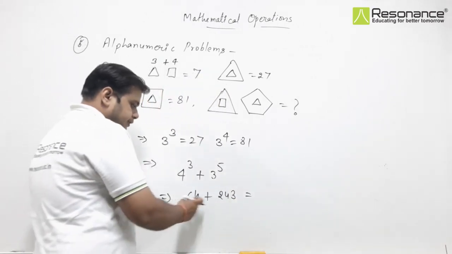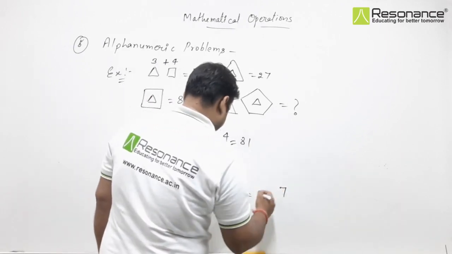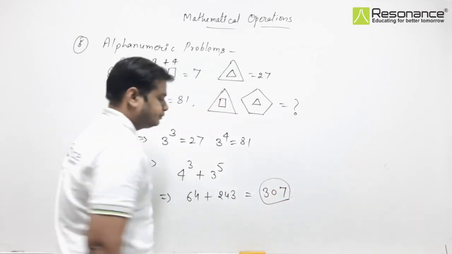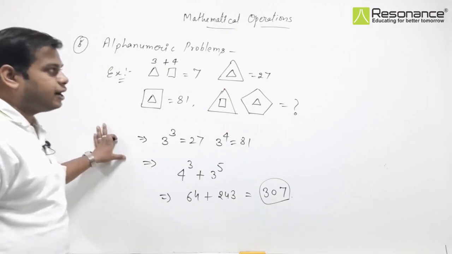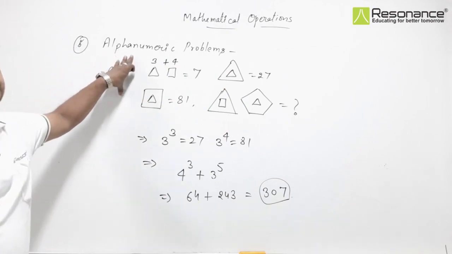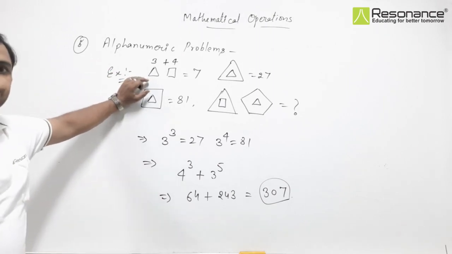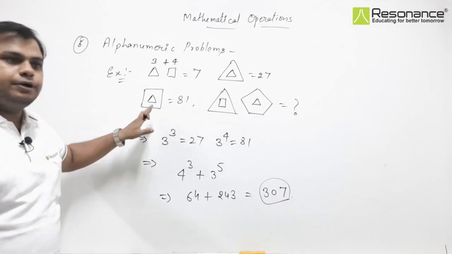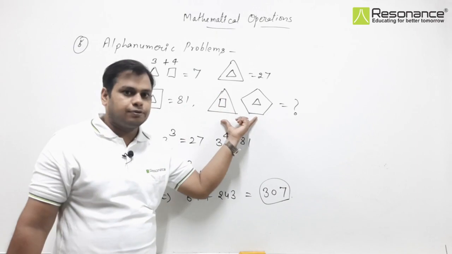So when we solve this, we will get 307. So this is also a kind of alphanumeric puzzle where numbers are replaced by some diagrams. We have to understand the relation between the diagrams, what is going on and how we are finding the numbers. Then we have to apply it for the particular diagram.